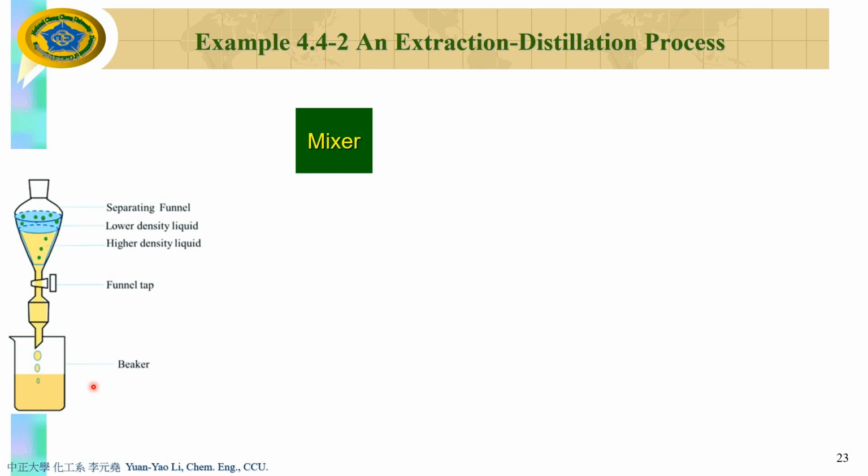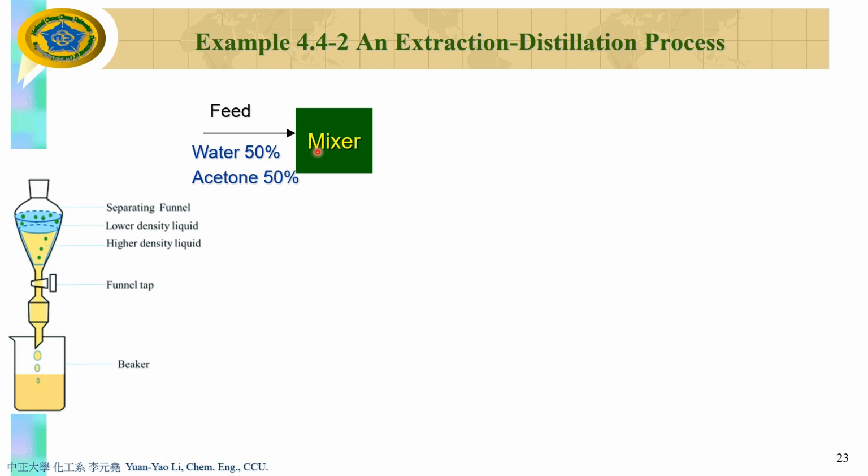So we have a mixer first. You mix the mixture of A and B with C together, and you let things settle down, so you become 2 layers, right? For example, the feed here is water and acetone, 50-50%.